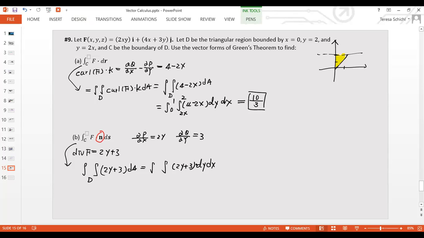So let's do dy dx, with 2x as the upper limit and then x from 0 to 1. It's easy to do this double integration, and after you carry it out, it will be 17 over 3.